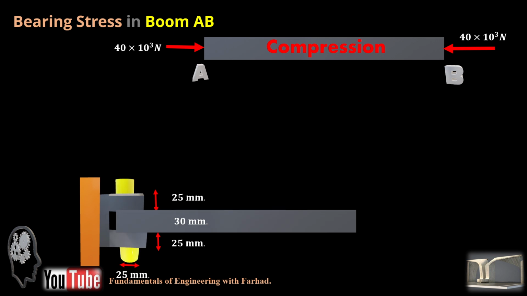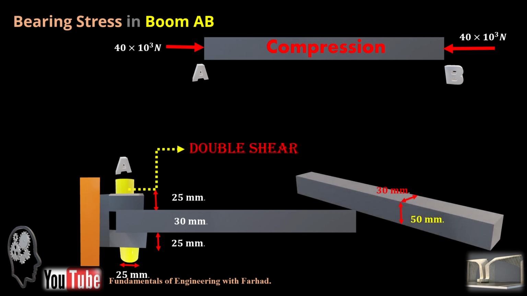And so far we have calculated the normal stresses and shear stresses at pins, normal stress at members, and shear at connections. Now let's jump to the bearing stress in boom AB. Boom AB is in compression by 40, and it's in double shear.